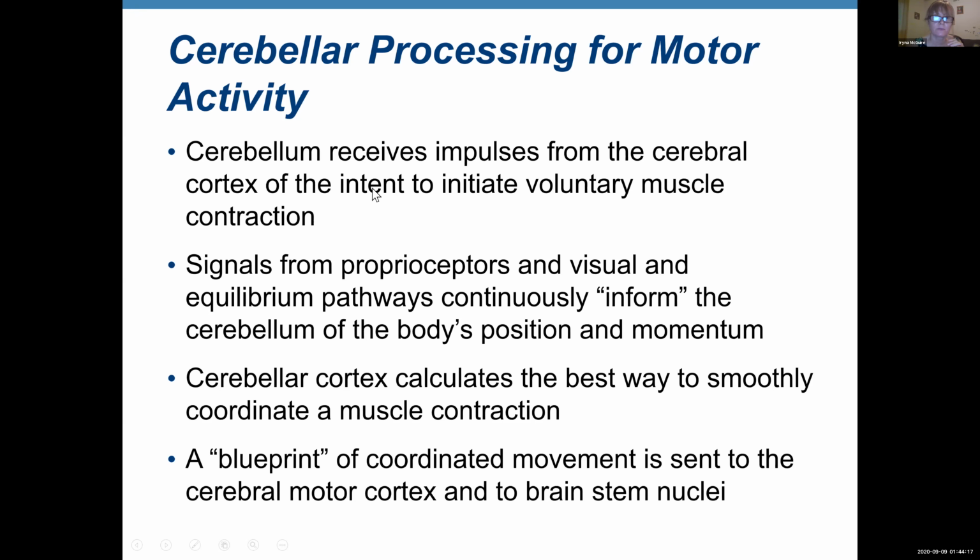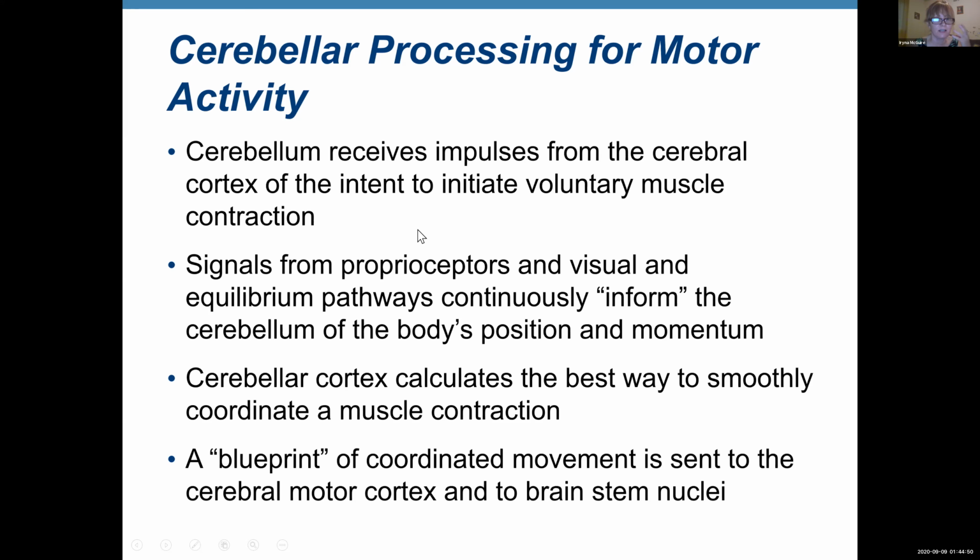But then this information is sent to the cerebellum. Signals from proprioceptors and visual receptors and equilibrium continuously inform the cerebellum of body position and movement. So your cerebellum constantly receives signals from your muscles, joints, and eyes, and even whatever it receives, you do not consciously understand.